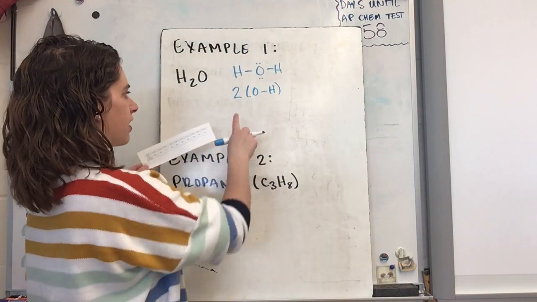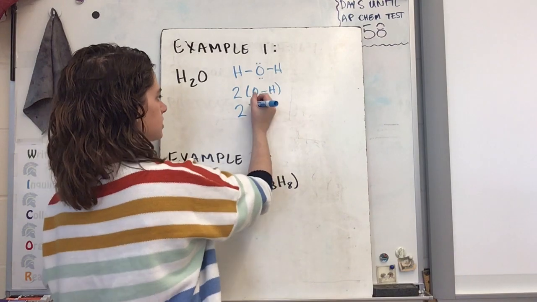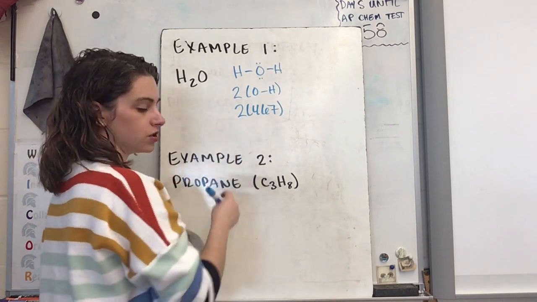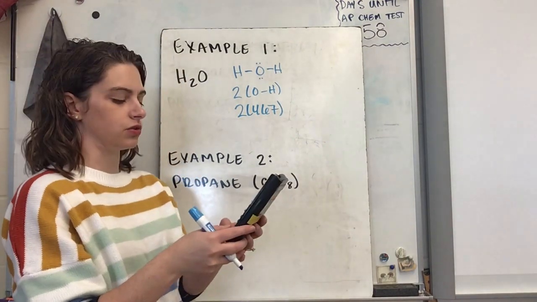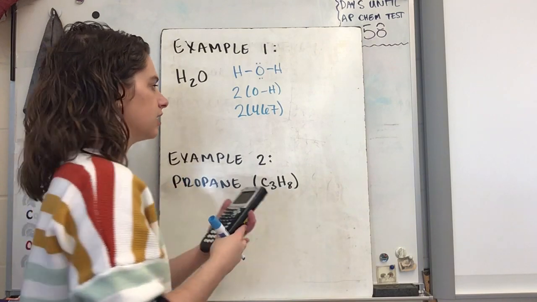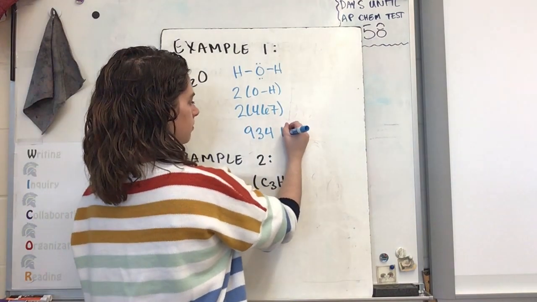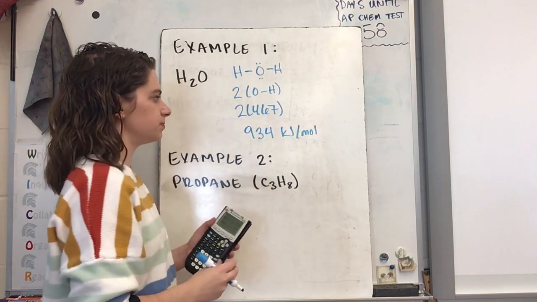Okay, so if I've got two of those bonds, one bond is 467. If I multiply it by 2, because I've got 2 of them in this molecule, so now I'm going to take my calculator, 2 times 467 gets me 934. Again, my units are kilojoules per mole.